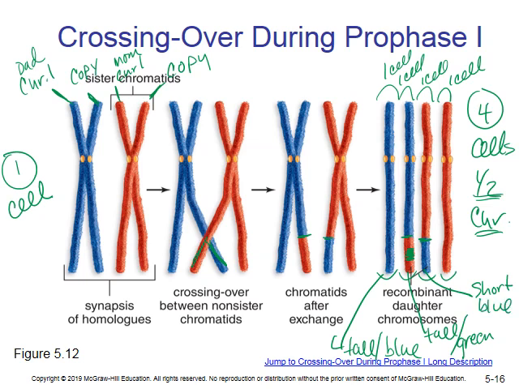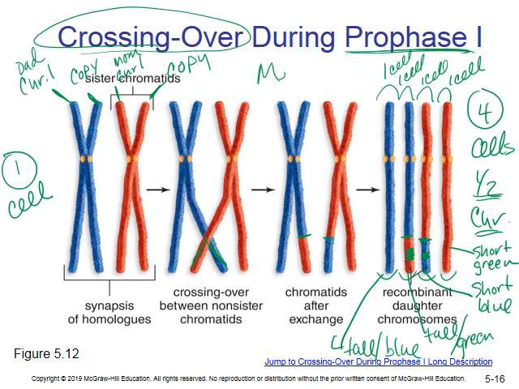You got blue eyes like your dad because the gene's right there. And then this one, you're going to be short and have green eyes just like your mom. So this is how we get variation with our offspring because of this crossing over event that happens during prophase 1 of Meiosis I.